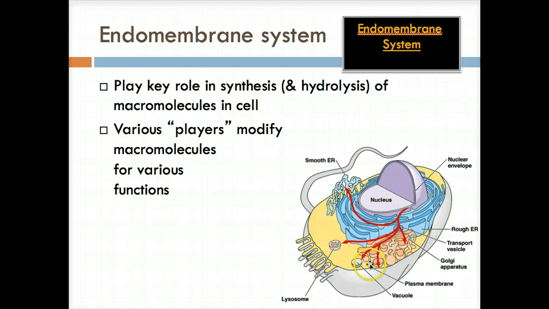Here are the major players: the smooth and rough ER, the Golgi apparatus, some vesicles, some vacuoles, and eventually we may also go to the lysosome. The endomembrane system is the system that we use to modify particular proteins or macromolecules within the cell.